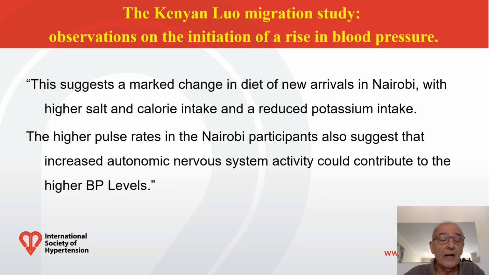So we can conclude that this suggests a marked change in diet of new arrivals in Nairobi, with higher salt intake and calorie intake and a reduced potassium intake. The higher pulse rates in the Nairobi participants also suggest that increased autonomic nervous system activity could contribute to the higher blood pressure levels.